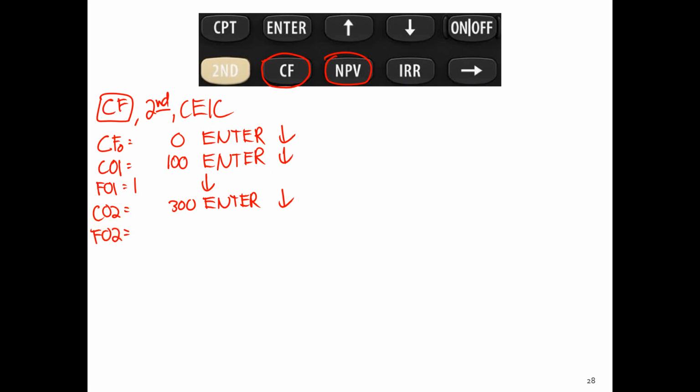And when F02 showed up, the first thing that we did was we told our financial calculator that this cash flow occurs for 2 consecutive time periods. So we set F02 equal to 2, then hit enter, scrolled down once, and then we told our financial calculator finally that the last cash flow that we had was negative 50.